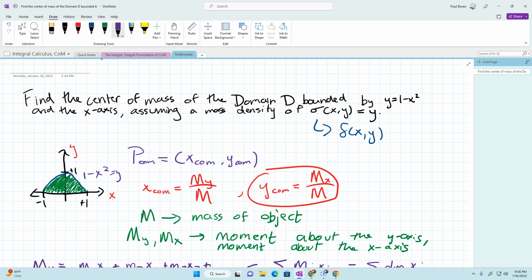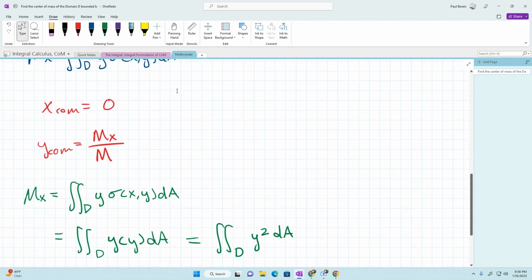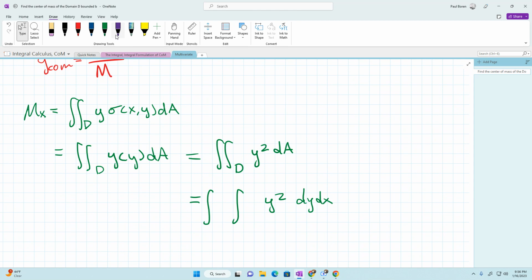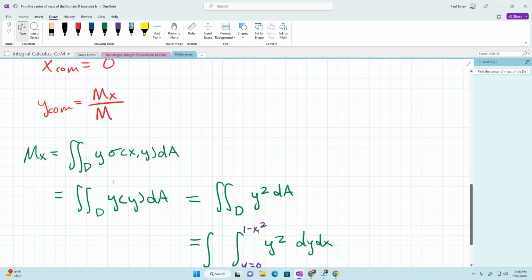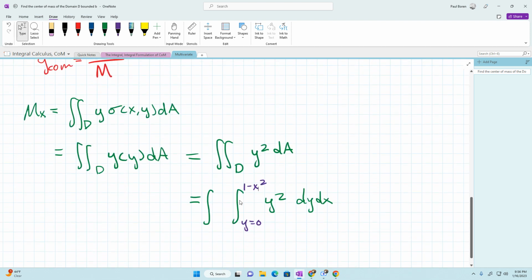Then our highest point as we go along the shape will be the function y equals 1 minus x squared. So that means our bounds here, our lowest is going to be y equals 0, and then our highest up here is going to be y equals 1 minus x squared. That's how these bounds would work along this shape. Okay, so these are the bounds for our y direction.